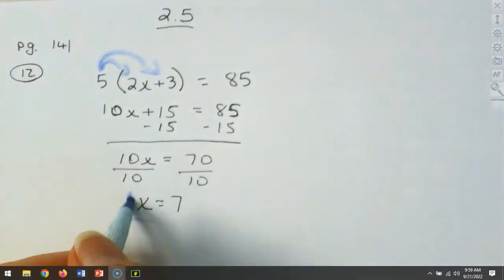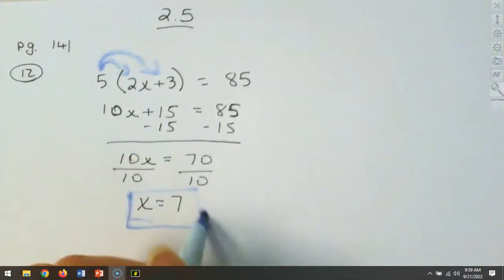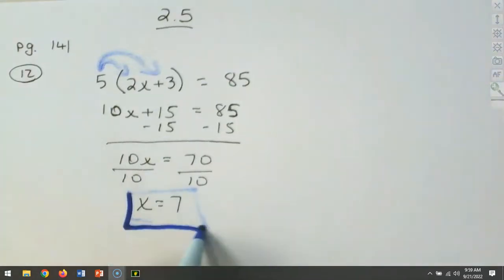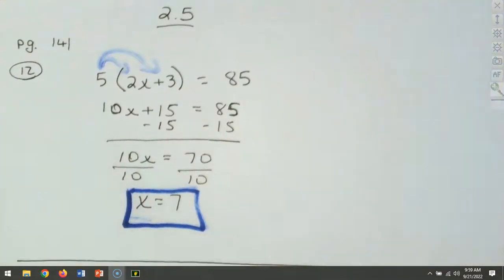Or sorry, 7. Not 10, so 7. Here's my answer. Let me get a better marker. X equals the 7. So again, we have to be very careful that a lot of times "and" means parentheses. So if you see the "and" there, like the product of something and, that's usually going to mean we've got to use parentheses.